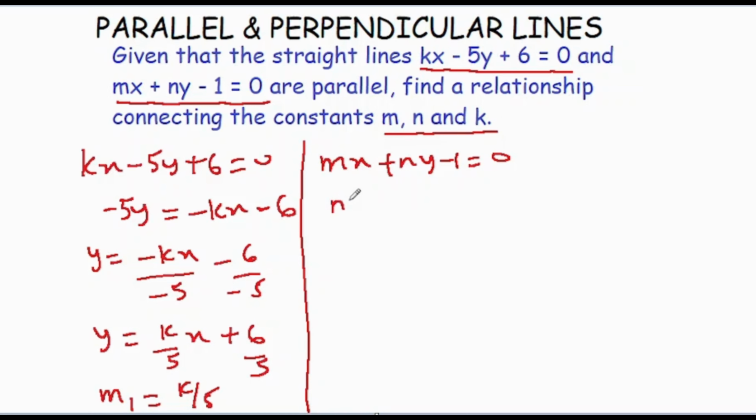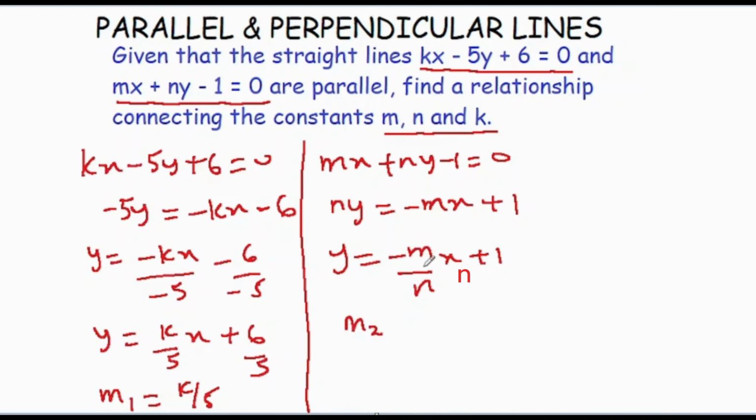So we're going to have ny equals negative mx. Let's add 1 to both sides of the equation, so plus 1. Let's divide all through by n. So y equals negative mx over n plus 1 over n. The coefficient here, let's take that to be m2, is negative m over n.